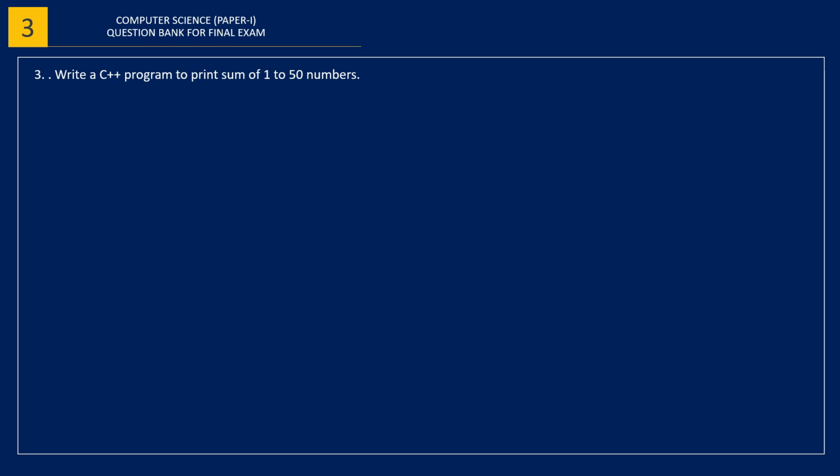Third program: write a C++ program to print the sum of 1 to 50 numbers. It means from 1 to 50 we have to calculate the sum of all these numbers, and for this we can use the for loop. The for loop helps us to iterate multiple times, as we have seen in the second question.